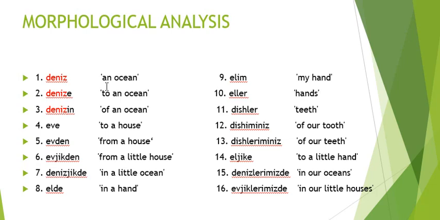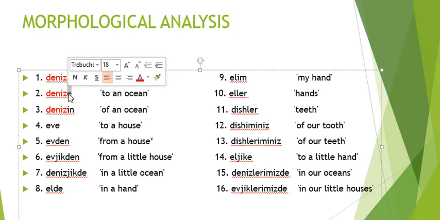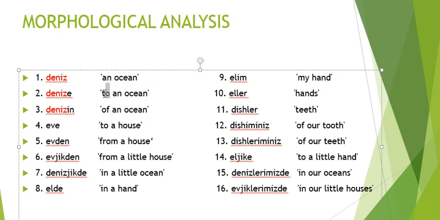In this case, you have a combination of preposition, the article and the noun ocean. So that means that in this case, E represents what? 2, because it is the only word that you need. An ocean is deniz, and E logically is 2.